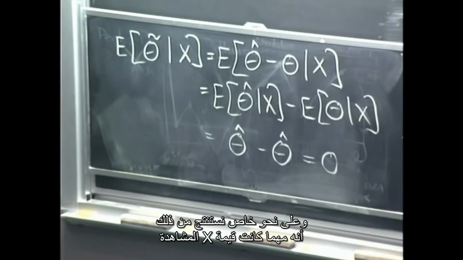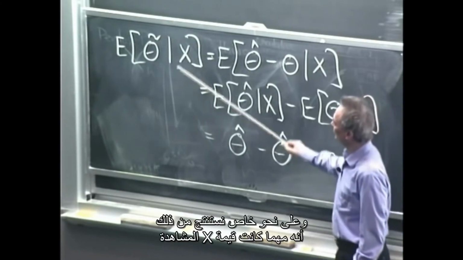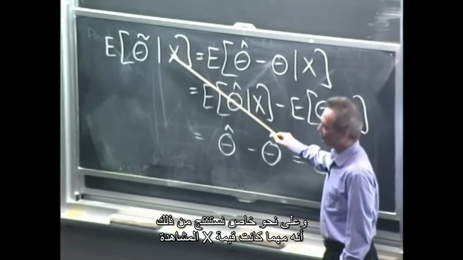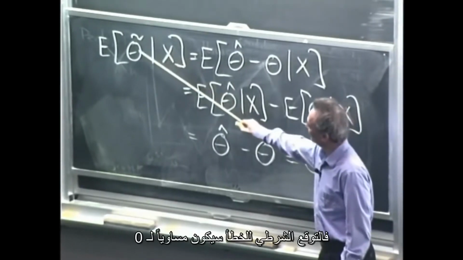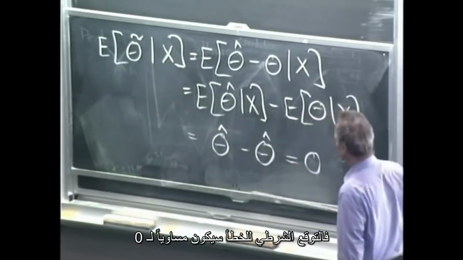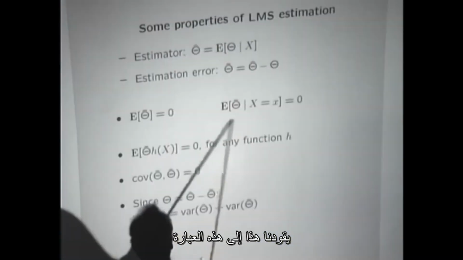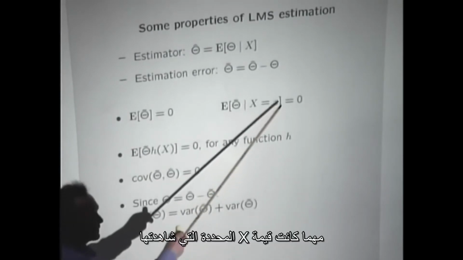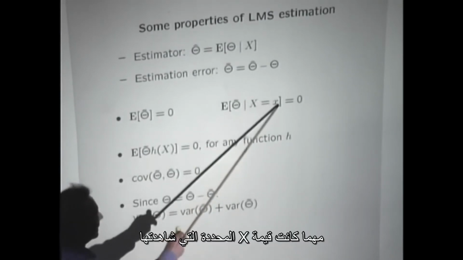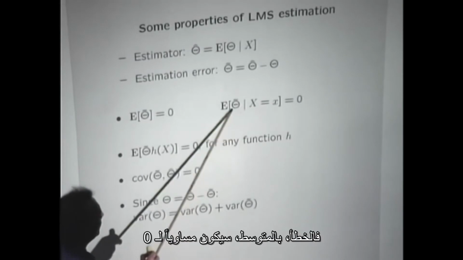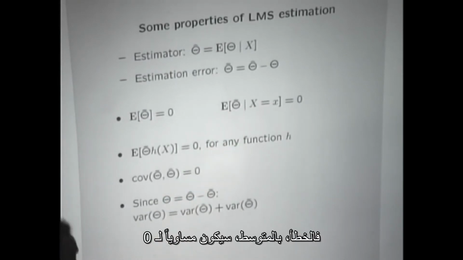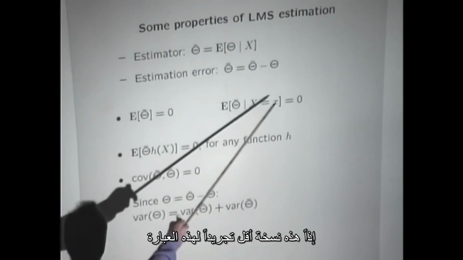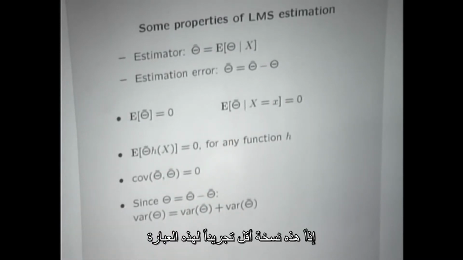More specifically, it tells you that no matter what value for x you observe, the conditional expectation of the error is going to be 0. And this takes us to this statement here, which is an equality between numbers. No matter what specific value for capital X you have observed, your error on the average is going to be equal to 0. So this is a less abstract version of this statement.